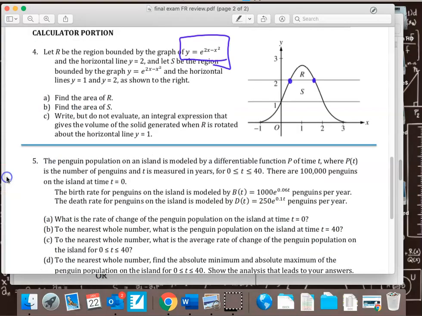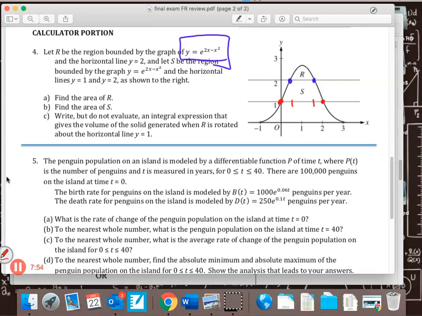So here's the thing about part B. When you are finding the area of S, S is tricky because from here to here, we have the E function and the number 1, top minus bottom. From here to here, we have 2 and 1, top minus bottom. From here to here, we have E and 1, top minus bottom.